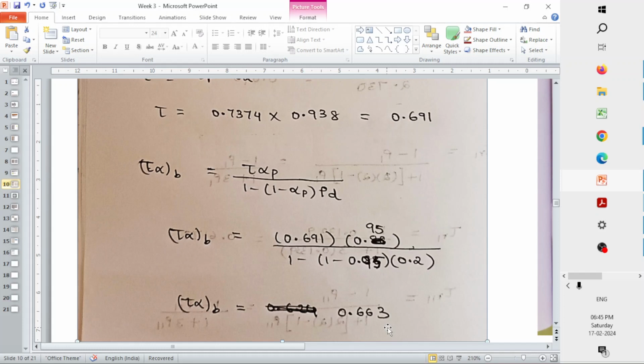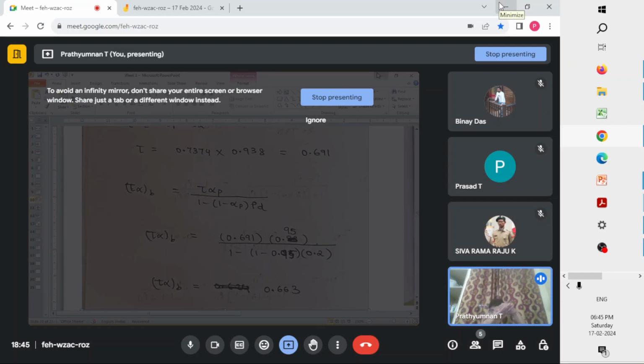So this is only for your tau alpha of b, that is the transmissivity-absorptivity product due to beam radiation. Now similarly we have to calculate for diffusive radiation. In case of beam radiation, the light falls on the horizontal surface, so you know the angle of incidence, because the beam travels directly and falls onto the surface.